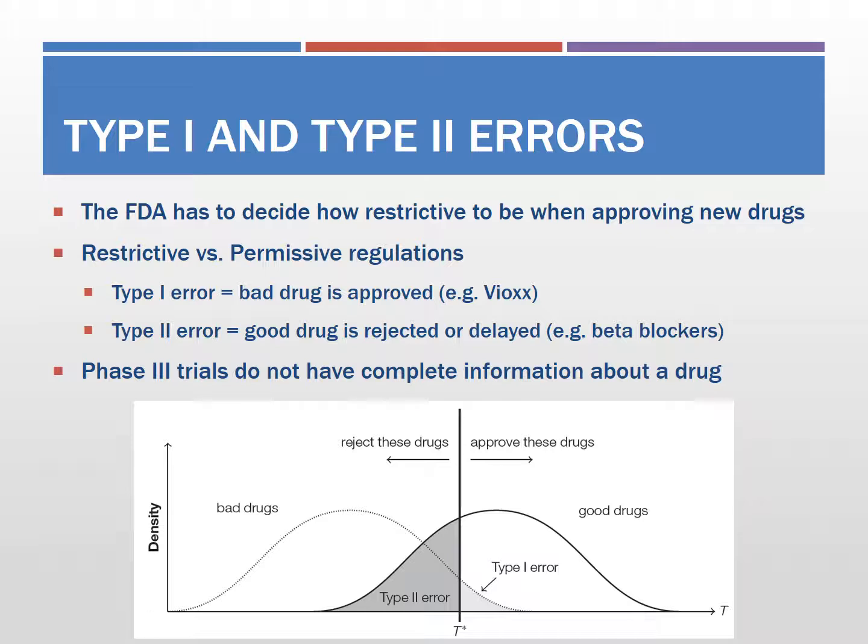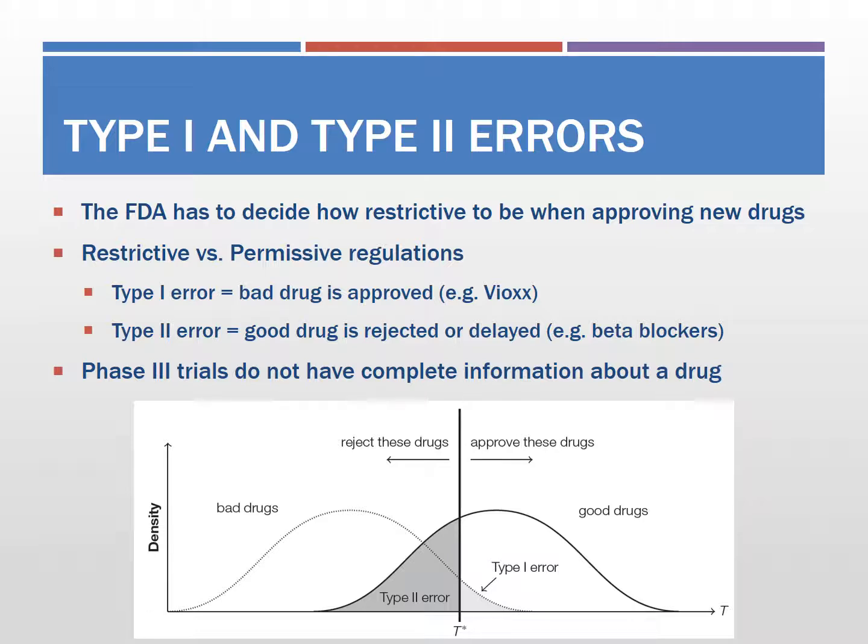In statistics, we call these the type 1 error and type 2 error. Type 1 error is a false positive decision, and type 2 error is a false negative decision. For example, when the FDA passes a bad, unsafe drug into the market, that is what we call a type 1 error.